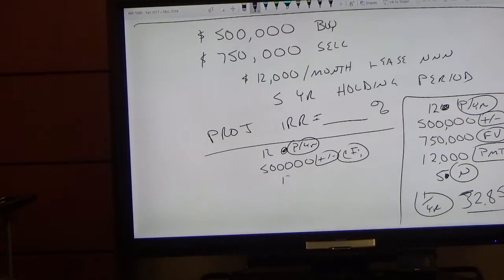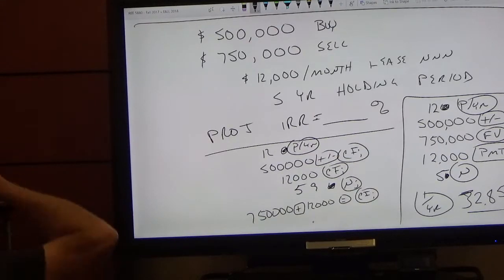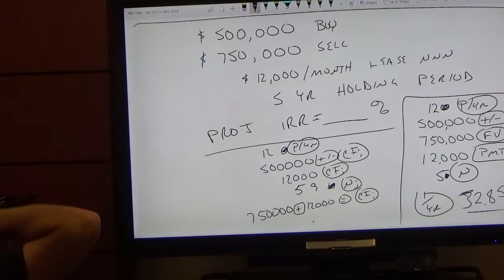Then you put in 12,000 as a cash flow, and you put that for 59 months, the 59 shift in sub J, and then the final cash flow would be the 750,000 plus 12,000. Shouldn't it be four shift, EJ? No, it's for 5 years, 59 months out of 60.